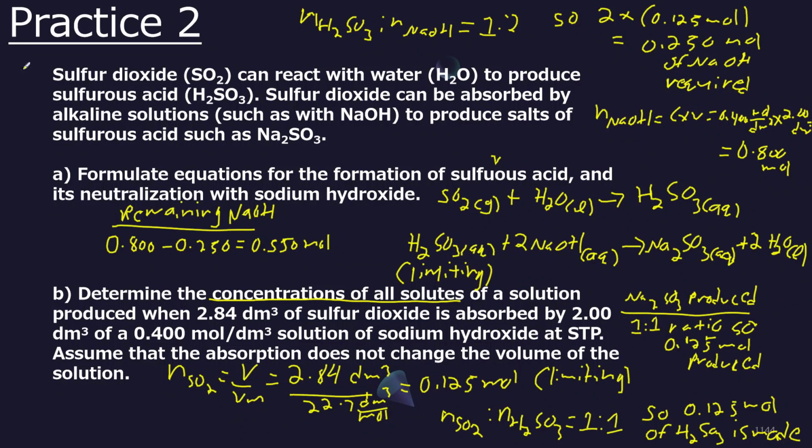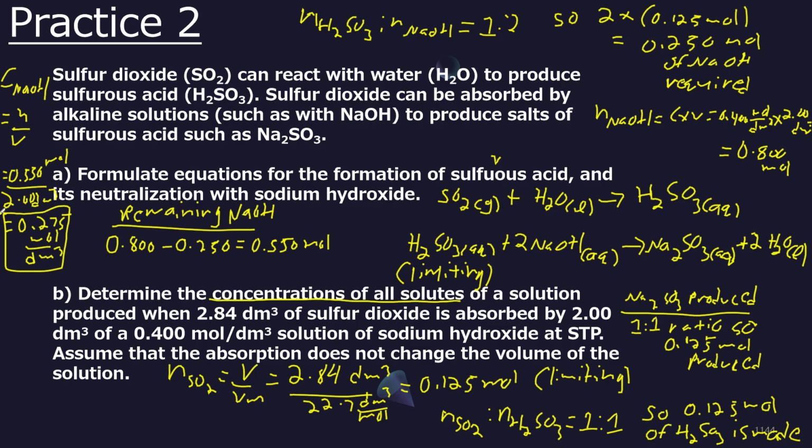All right, so the concentration of NaOH remaining equals n over V. This will be 0.550 divided by 2 decimeter cubed. So that's 0.275 mole per decimeter cubed as the final answer for NaOH in solution.